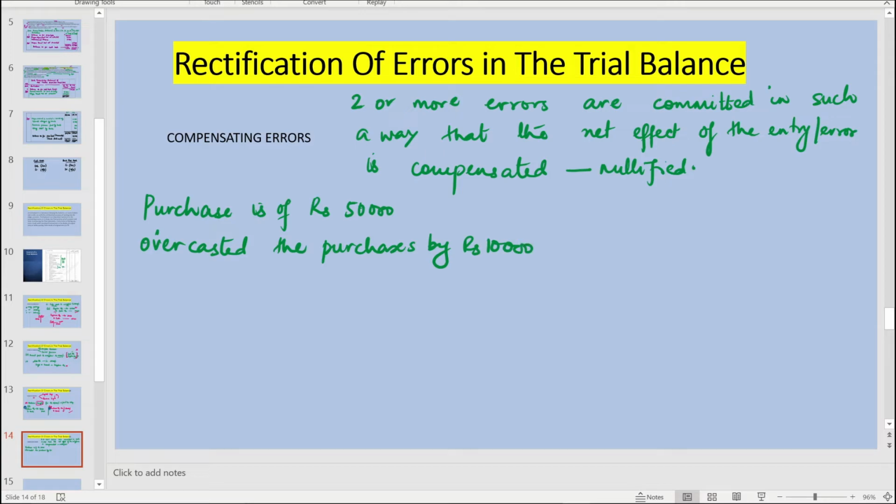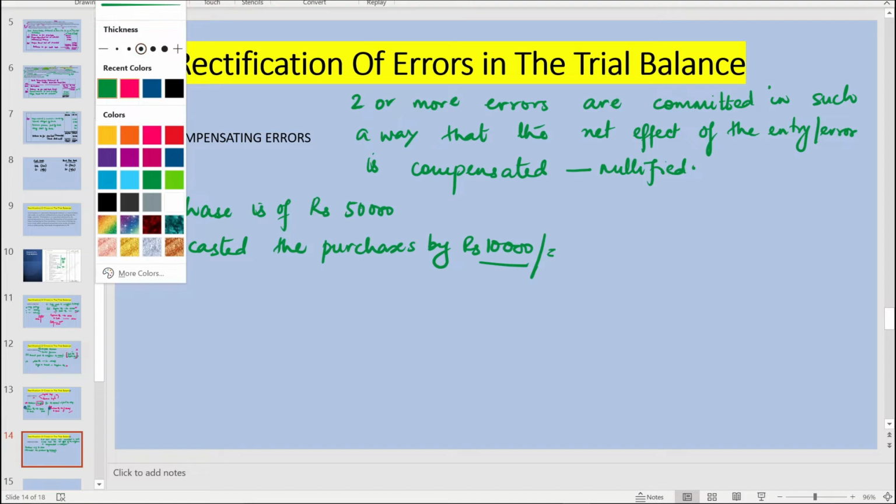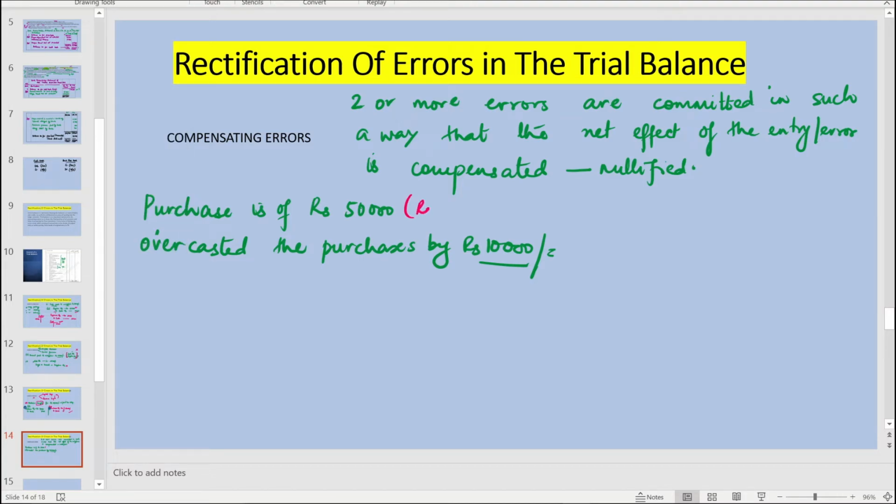That means he is showing purchases more by 10,000 instead of 50,000. The amount of purchases written is 60,000, right? So this is the error. There is 10,000 more.